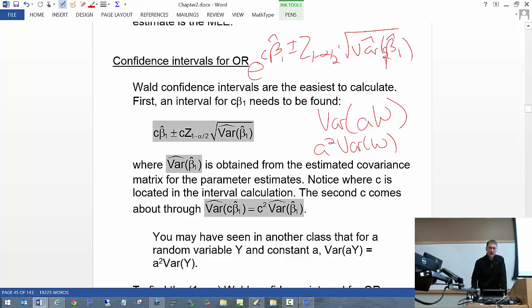Many of you have probably seen this in a class before. If I apply that same technique here, I can pull this c out as c squared. But notice how I have a square root, and it's underneath the square root still, so I can pull this out further as just c. And so that's where I get this expression.